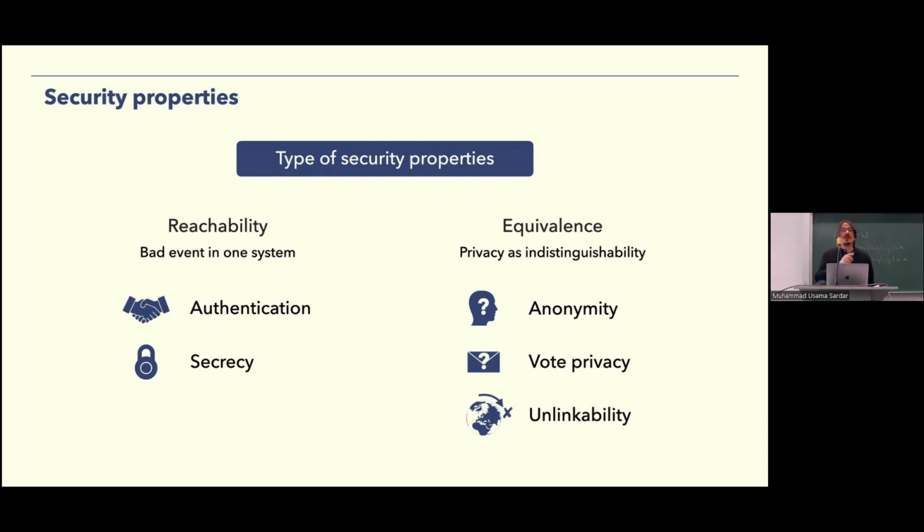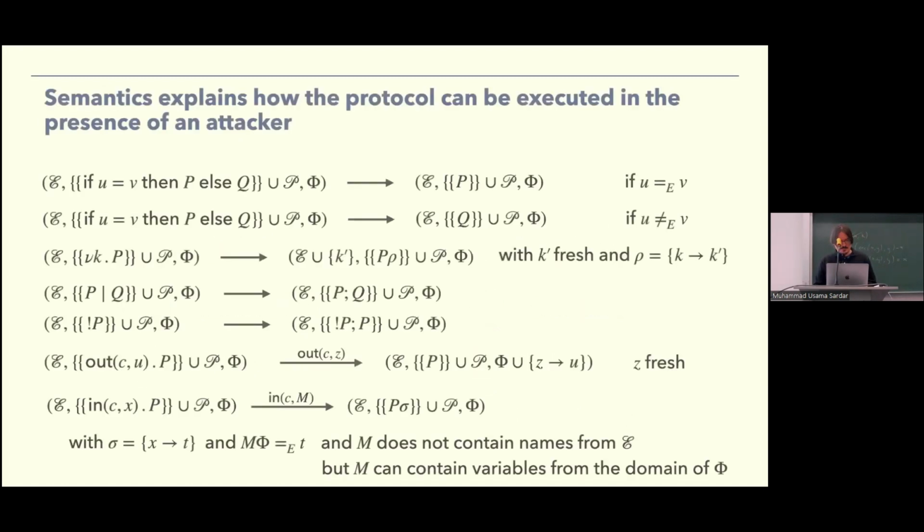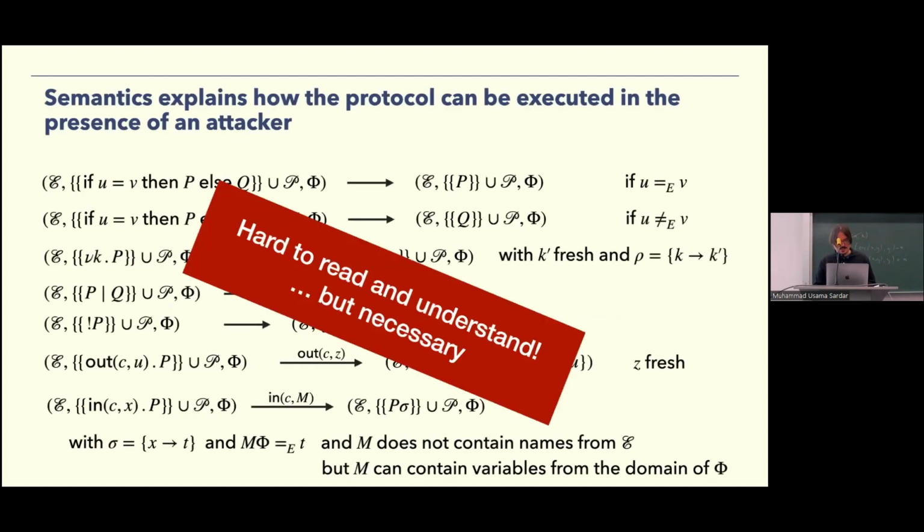What he doesn't know is which one you chose. And so this is where we use the notion of equivalence. So if I have time, I will talk a bit more about it.